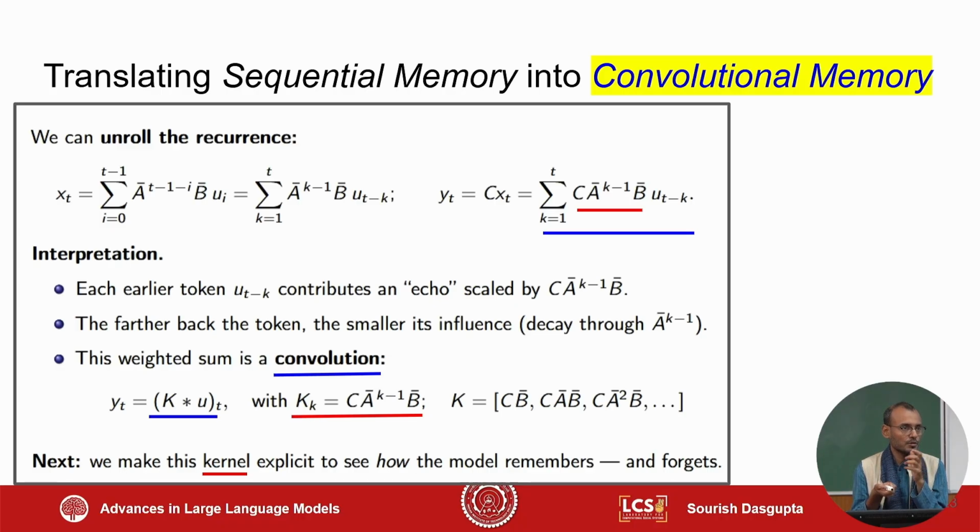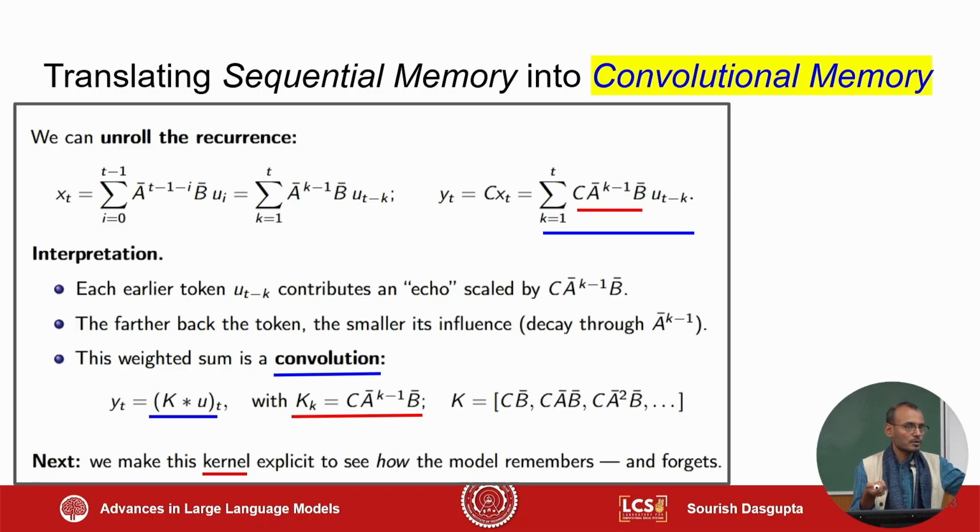So you get a whole bunch of kernels for every prior time step. These are the kernels that you have. For John you have a particular kernel, for Loves you have a particular kernel, for Mary you have a particular kernel. And when who comes in, who looks at each of these kernels, picks them up, and sums them over every u.